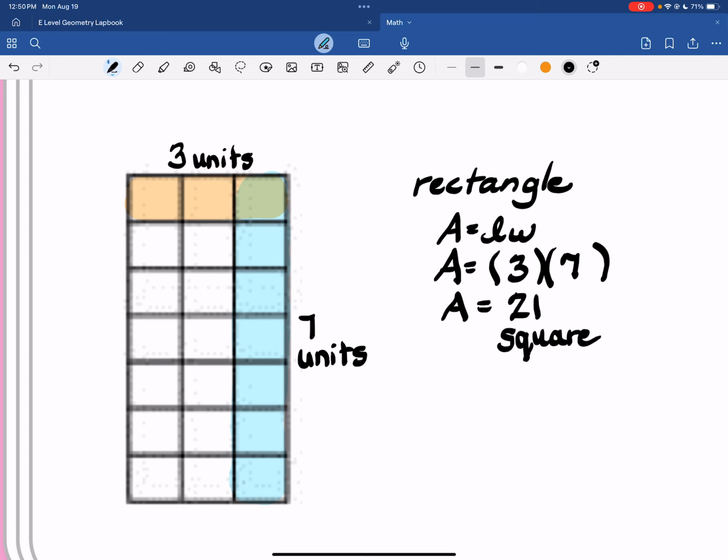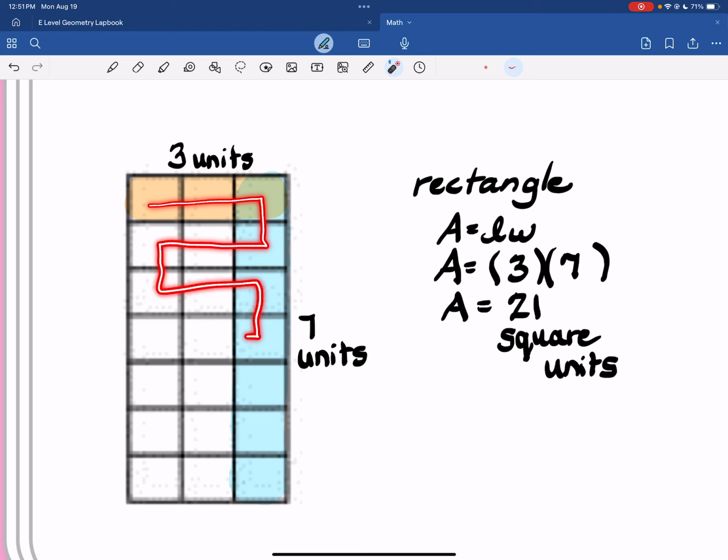It's not just units in a line, it's 21 of the squares that make this area. So let's count. 1, 2, 3, 4, 5, 6, 7, 8, 9, 10, 11, 12, 13, 14, 15, 16, 17, 18, 19, 20, 21. 21 square units.